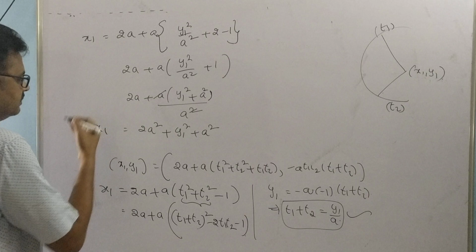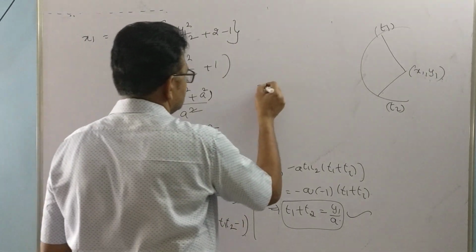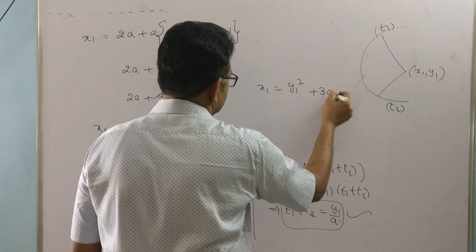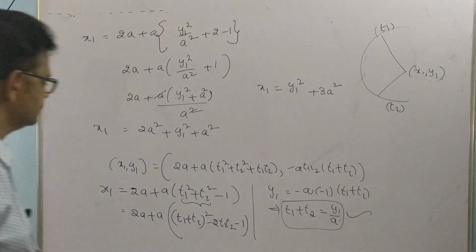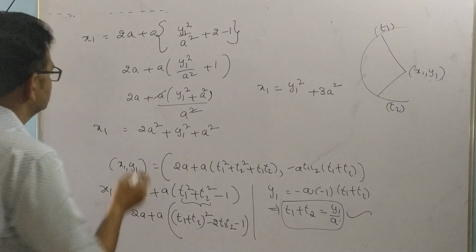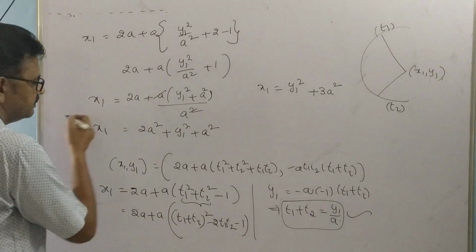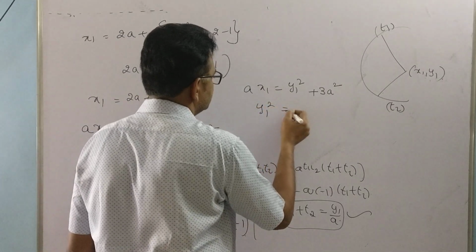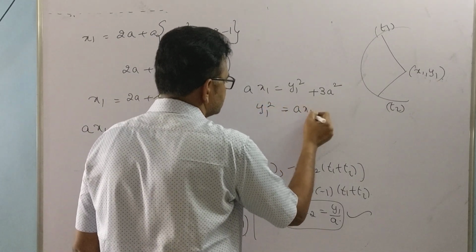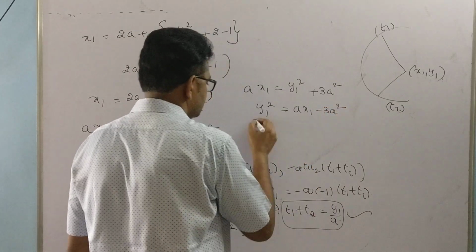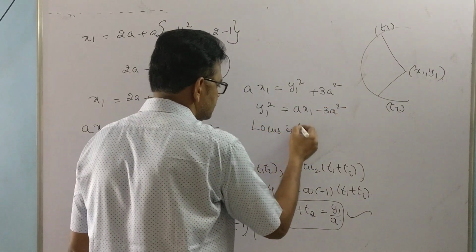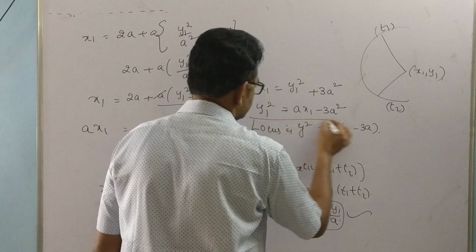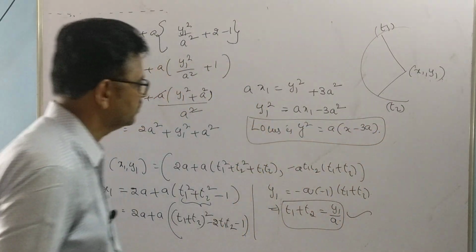So x1 is equal to y1 square plus 3a square, by a. On cross multiplication, y1 square is equal to a x1 minus 3a square. Therefore the locus is y square is equal to a into x minus 3a. So this is the locus.